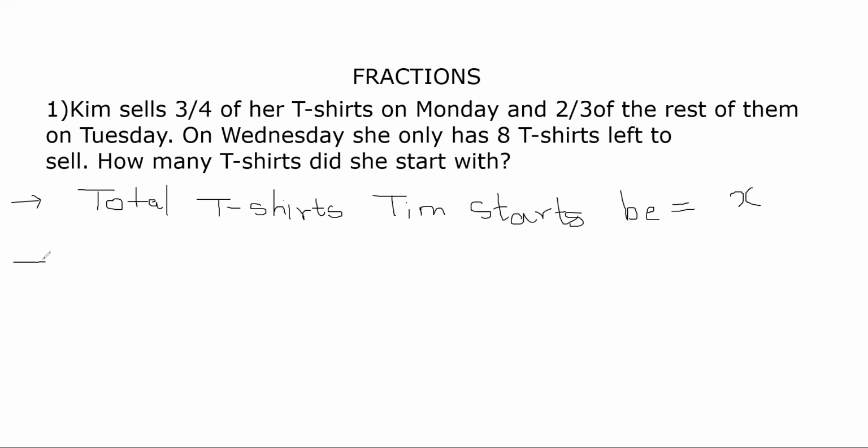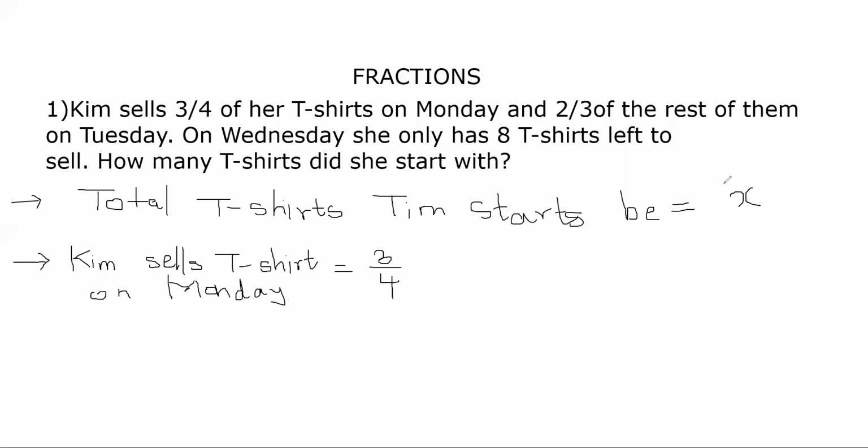Now the second statement. First statement, what does it tell? Kim sells 3/4 of her t-shirts on Monday. So how many t-shirts does Kim sell on Monday? It is equal to how much? 3/4 of the total number of t-shirts, that is what we have assumed to be x.